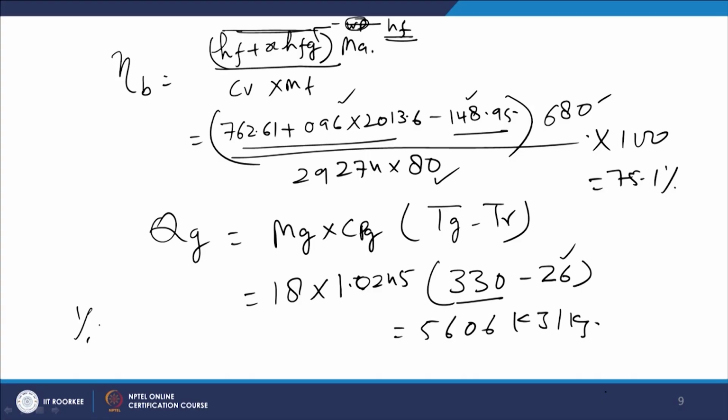This is the amount of heat carried away by the flue gases by burning 1 kg of coal. Therefore the percentage loss is 5606 divided by the calorific value, 29274, multiplied by 100. So the percentage of heat going with the flue gases is 19.15%.